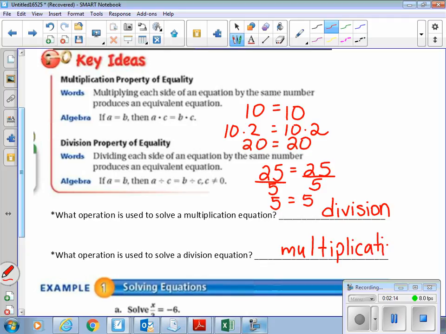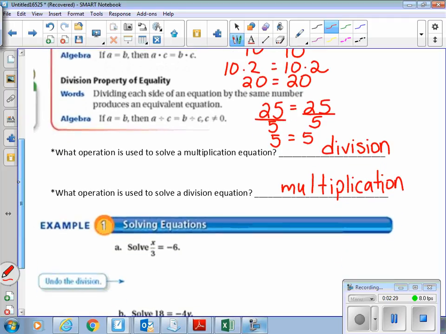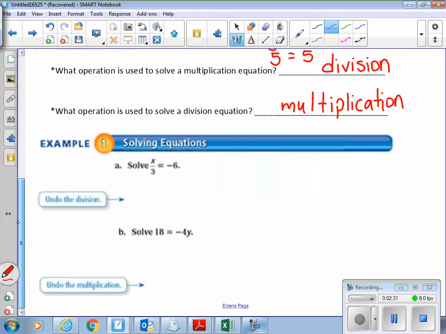So if I have a division problem and I want to get the variable by itself, I'm going to use the inverse of division, which would be multiplication. Up here, if I have a multiplication equation and I want to get the variable by itself, I would undo that multiplication by division, or inverse operations.